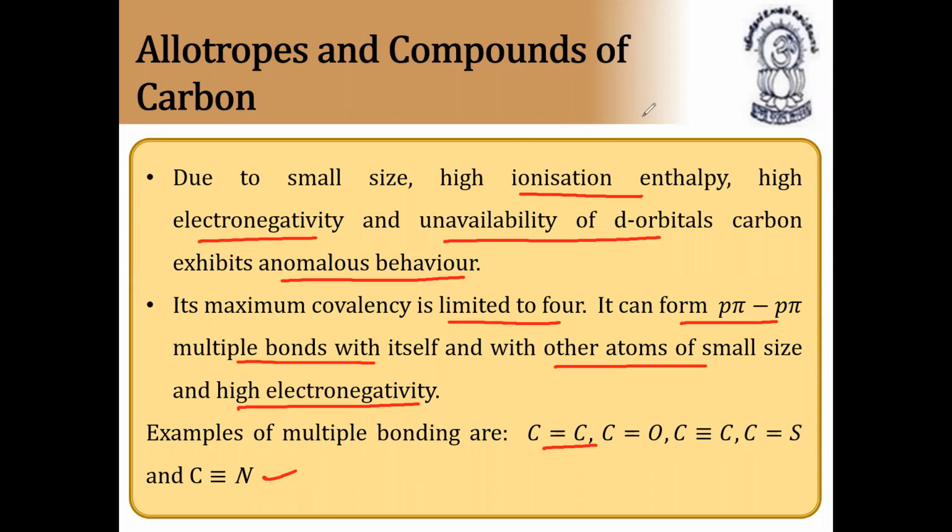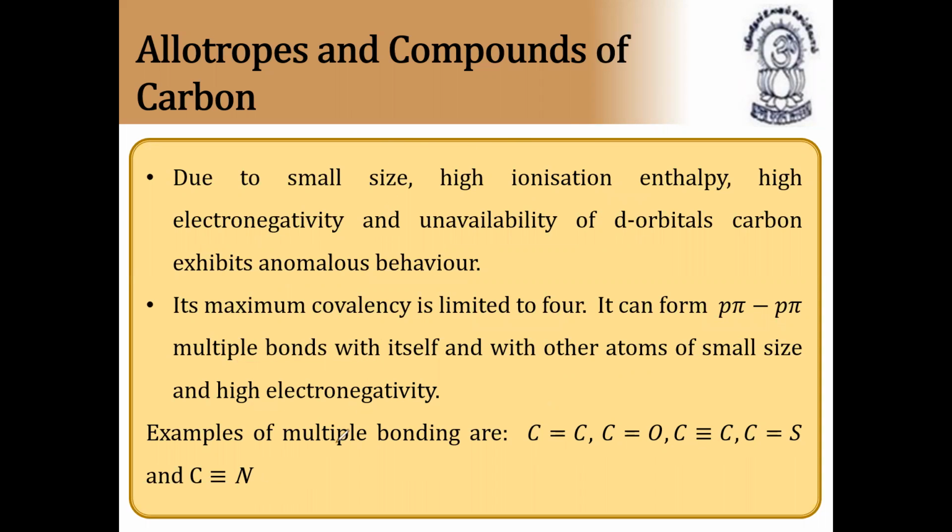So now in this lecture, what is allotropy? Allotropy means the existence of an element in more than one physical form is called allotrope, and the property is called allotropy. The existence of an element in more than one physical form is called allotrope.